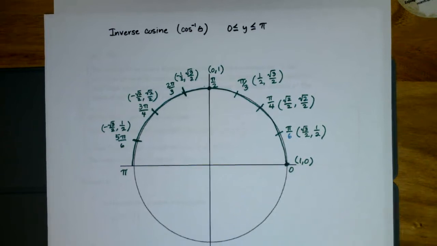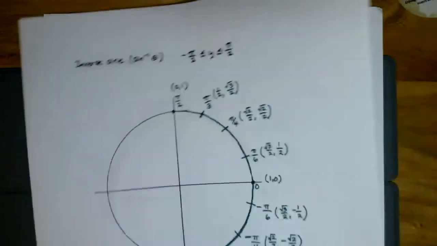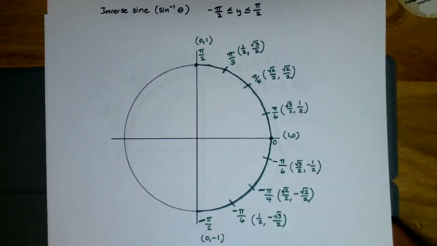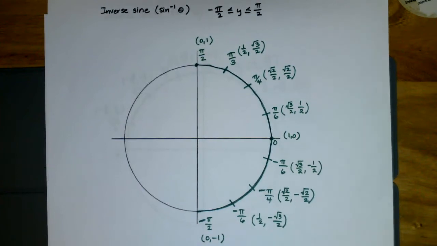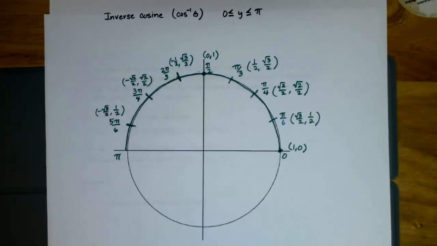Okay. So now we're going to do some examples using those two unit circles that I gave you. By the way, if you want, you can pause the video and copy this down for the inverse sine and also for the inverse cosine.